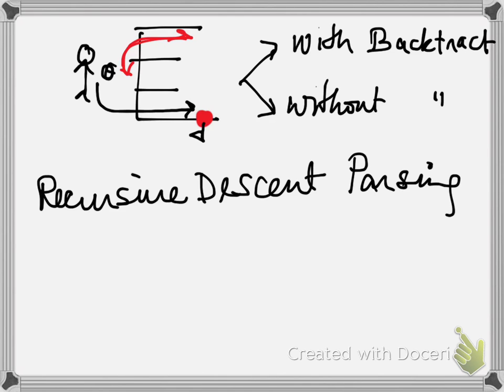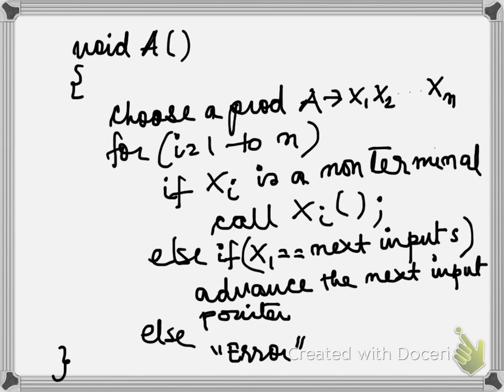So you can have recursive descent parsing with backtracking and you can have recursive descent parsing without backtracking. Okay, so this is our algorithm.